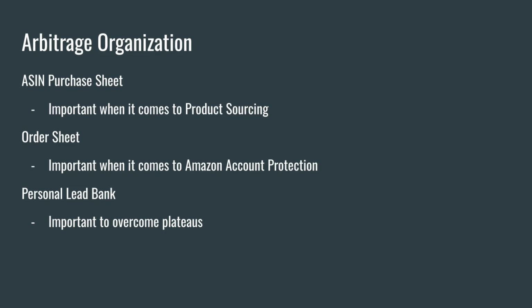You don't want to get stuck not documenting anything, and then Amazon asks you for a specific invoice and you have to go combing through all of these emails trying to find the invoice, or combing through all of these different accounts trying to find an invoice for the specific order that they're asking you to provide them with. If you document everything properly, when they ask you for proof of this specific order, you can just type it in on your Google Sheets and then you can find it really quickly.